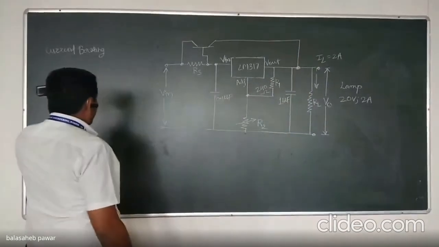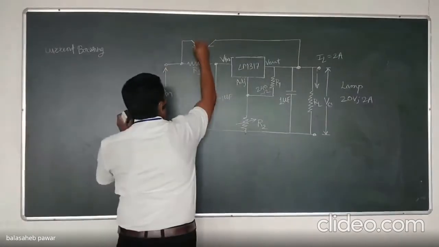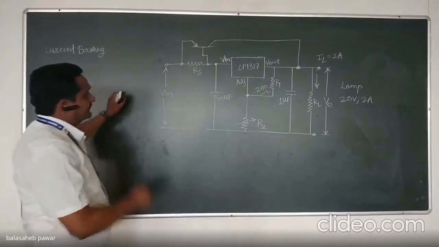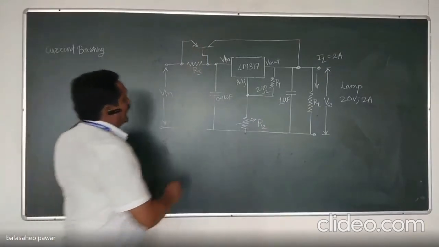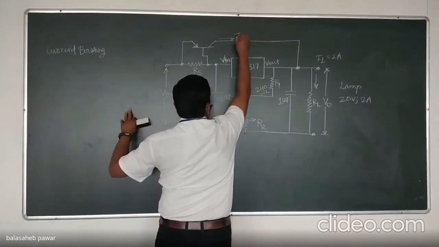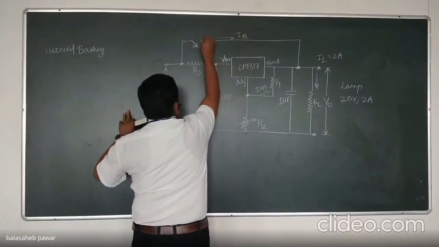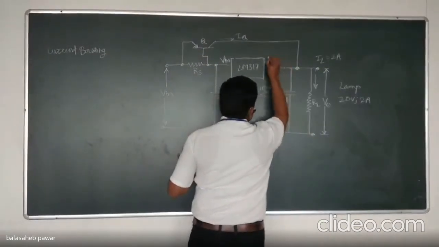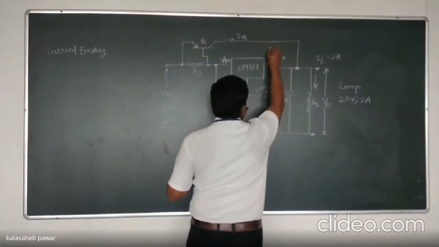And this transistor will be a PNP transistor. That's why I have to show it like this. Whatever current will flow through this transistor, I will call it as IQ. Whatever current will flow through the regulator, I will call it as I regulator.